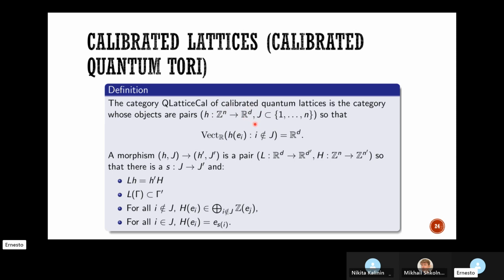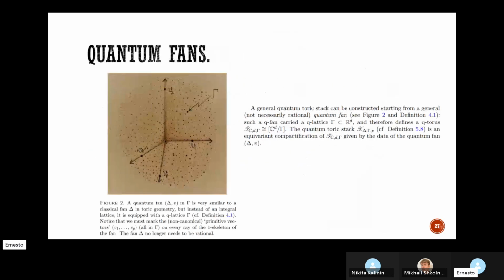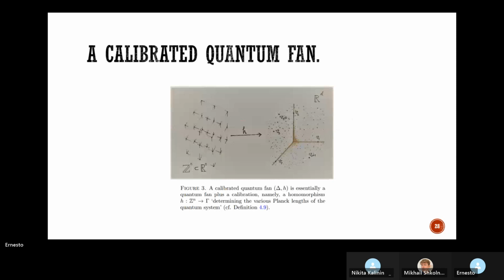I can always arrange things. I am skipping a little bit, but I can always arrange things so that the first D vectors are sent to the first D vectors here, just to produce the classical torus. And then the N minus D vectors here are sent somewhere else. And that's what I will do typically. It's kind of gauging.